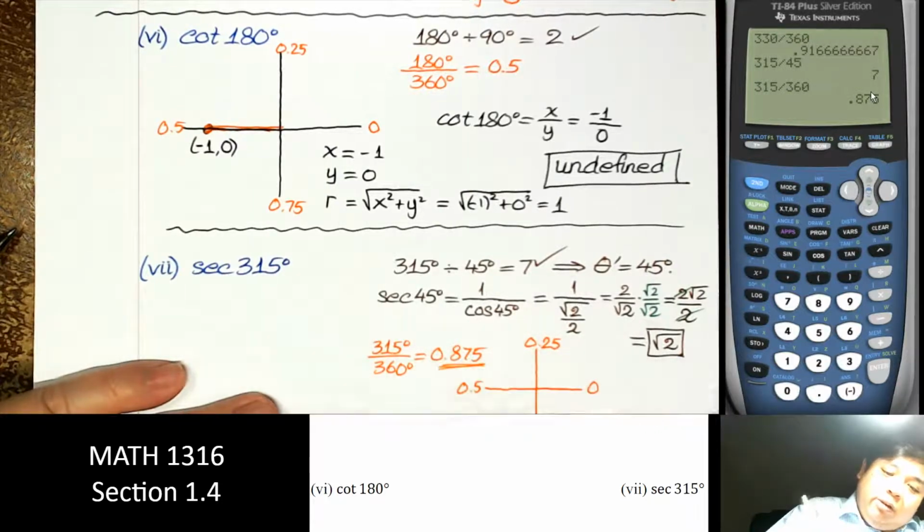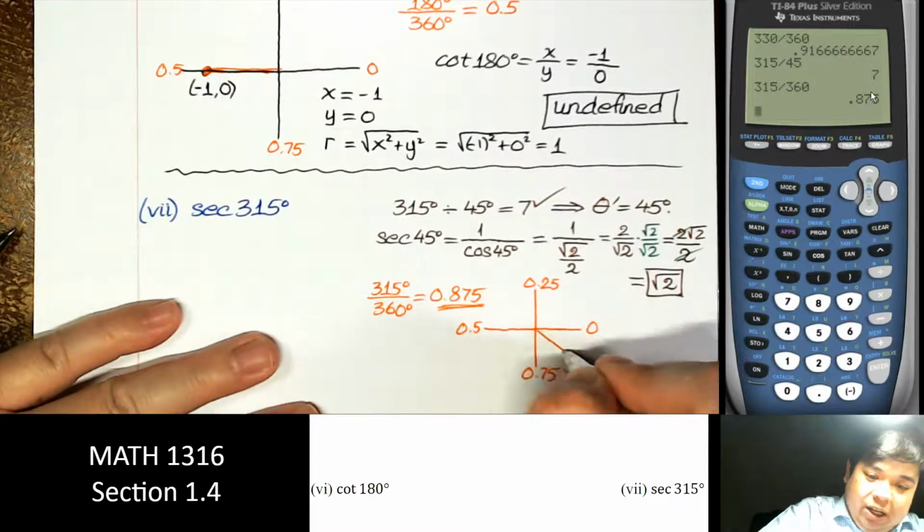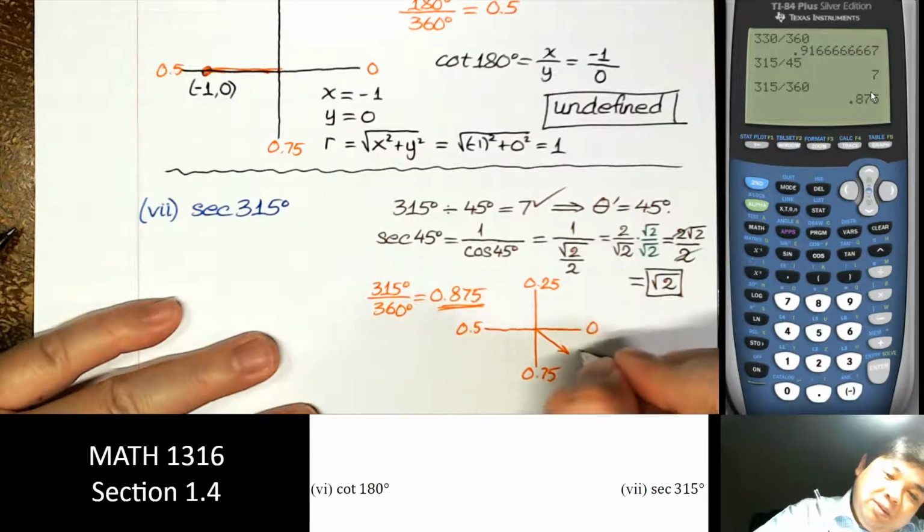So 0.875 is more than 75, so it will be in here, quadrant 4.